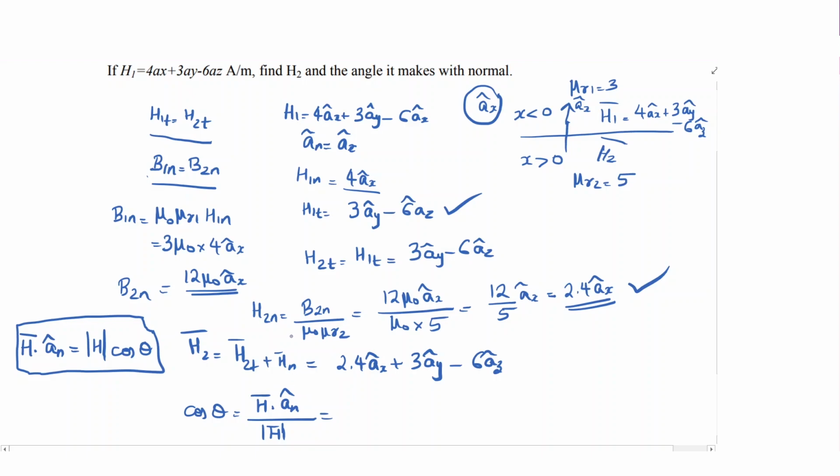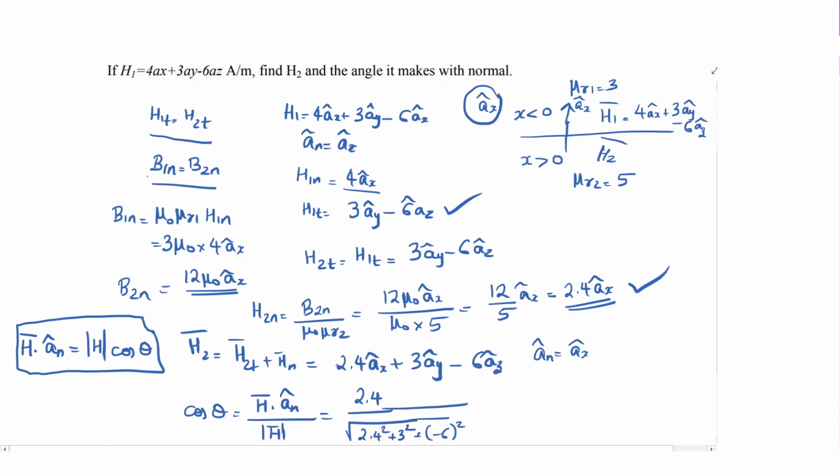Vector h dot an means, here the normal component is ax, so you are taking the x component, that will be 2.4. So 2.4 divided by the modulus of vector h, that is the square root of 2.4 square plus 3 square plus minus 6 the whole square.